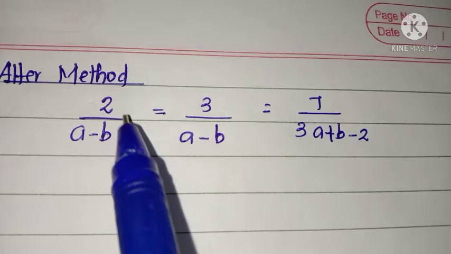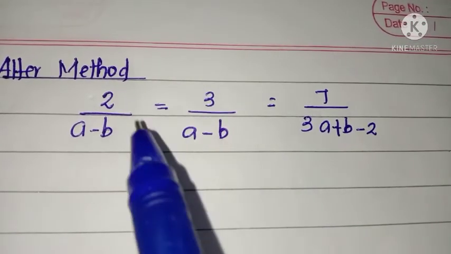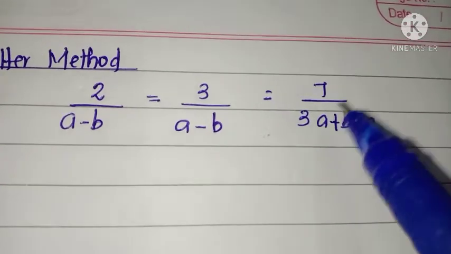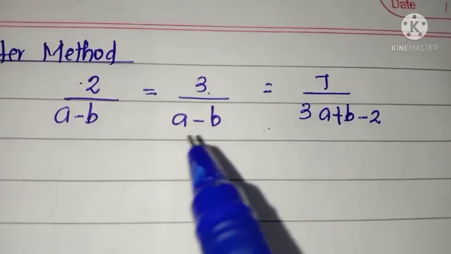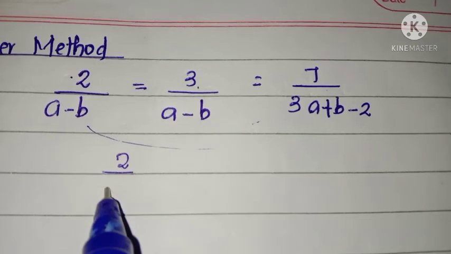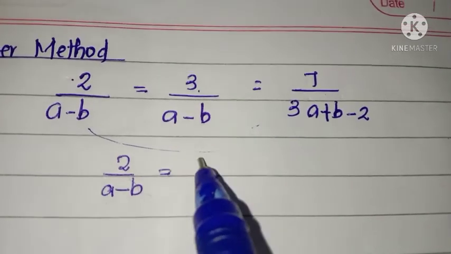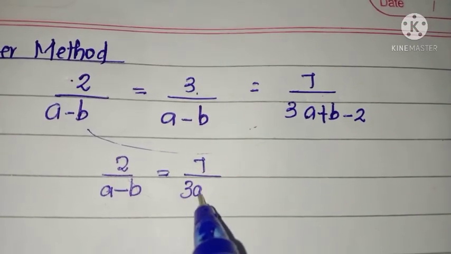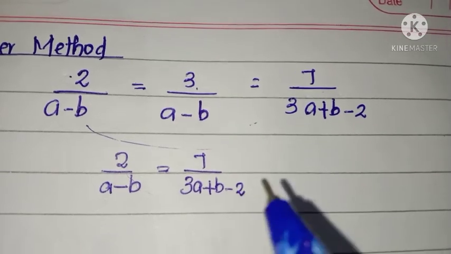Listen children, the same problem can be solved in another way. After writing these ratios, let us equate these two ratios. That is 2 by a minus b is equal to 7 by 3a plus b minus 2.